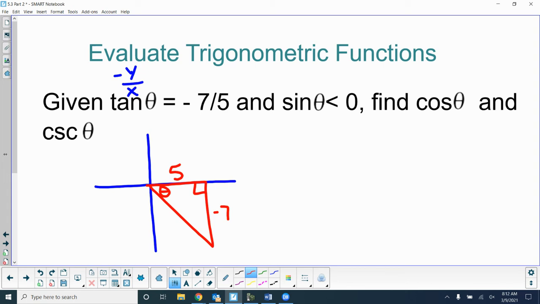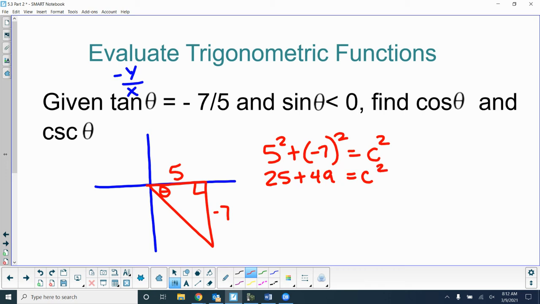Pythagorean theorem, right? So I got 5 squared plus negative 7 squared equals c squared or r squared, however you want to remember it. So I got 25 plus 49, which is what? Is that a 74?